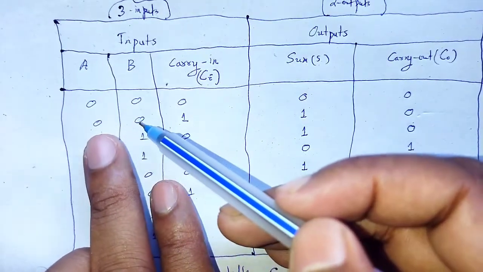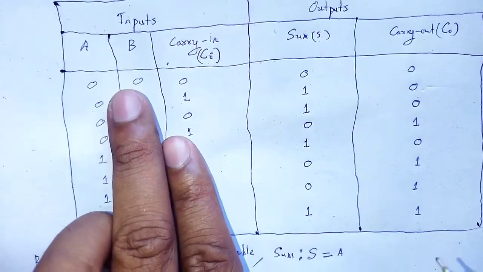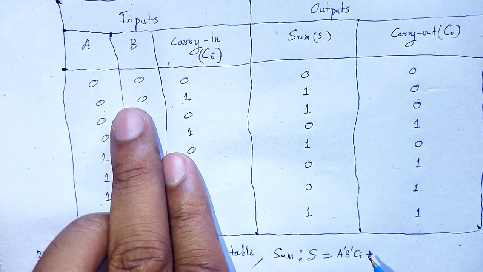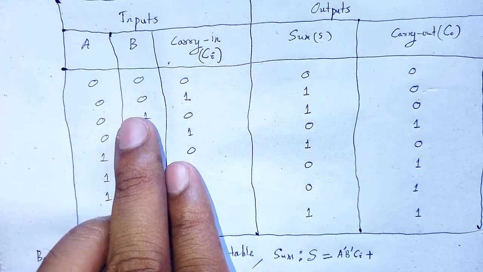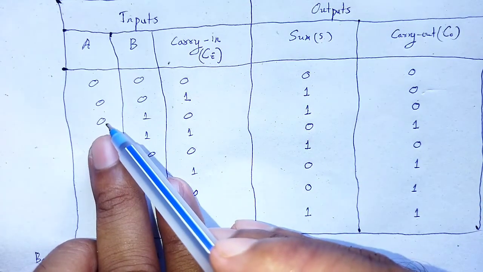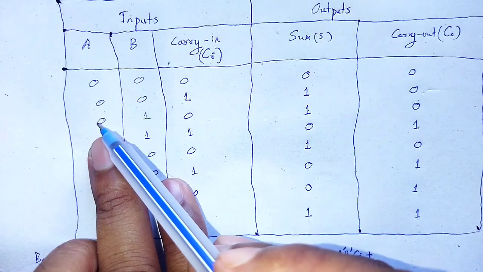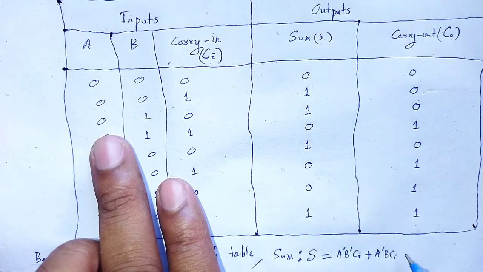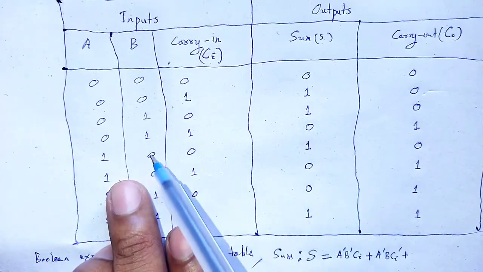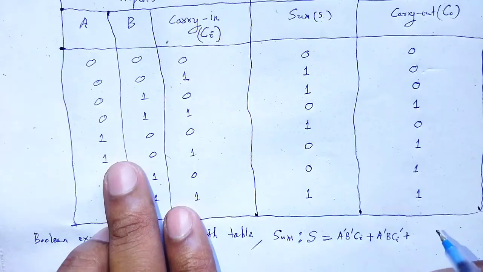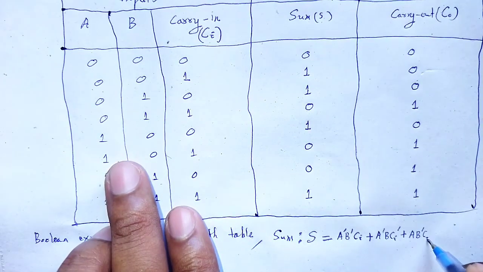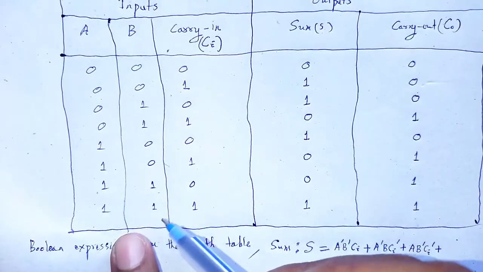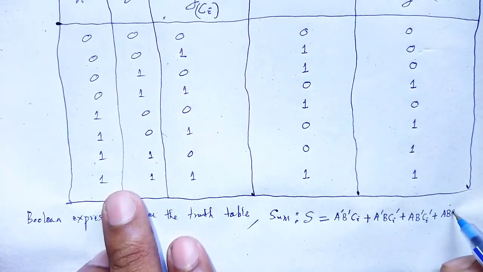So A prime, B prime, Ci, plus, since it is the sum of product terms, next 0 1 0: A prime, B, Ci prime, plus next one 1 0 0: A, B prime, Ci prime, plus 1 1 1: A, B, Ci.